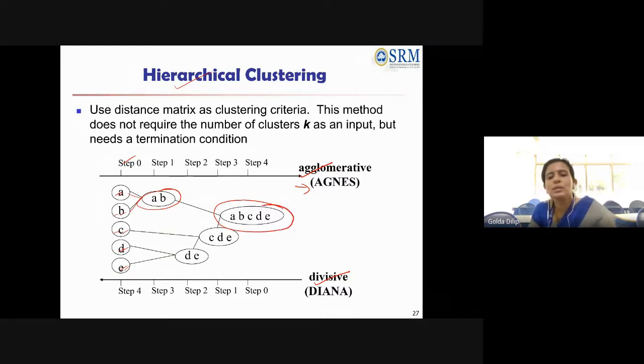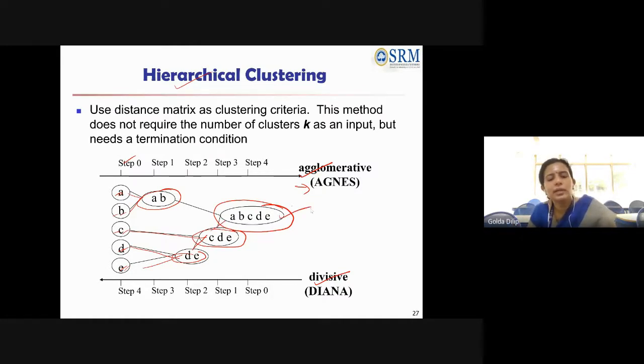That's what agglomerative clustering is all about. You start with individual data points as one element in one cluster, then you start merging them, and the process iteratively continues till you land up with a single cluster.